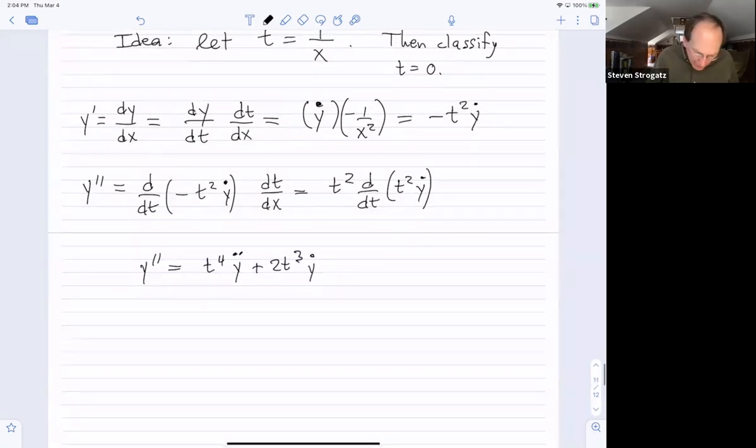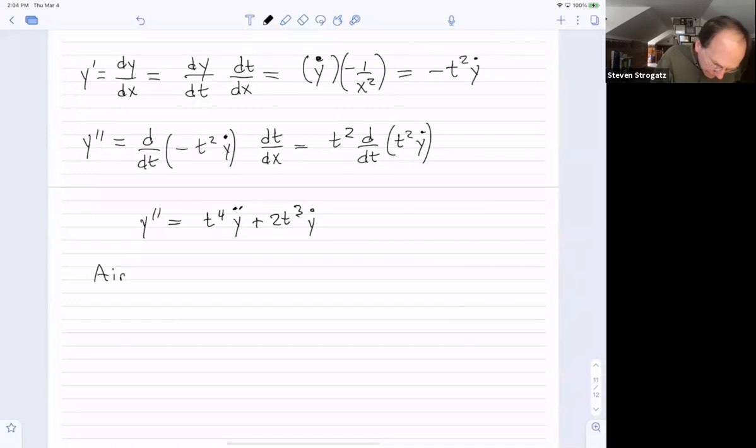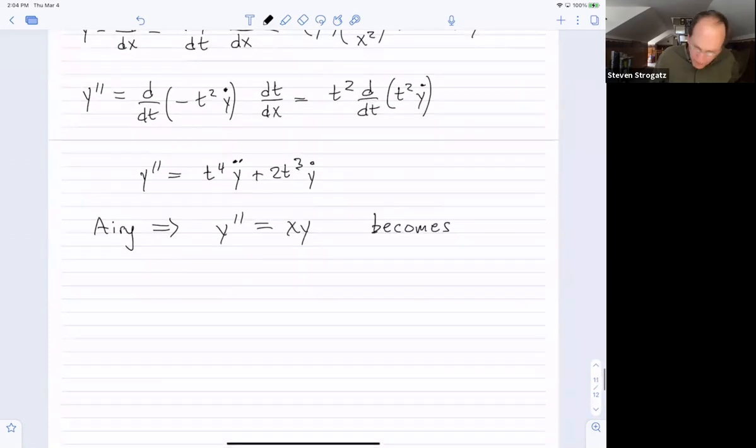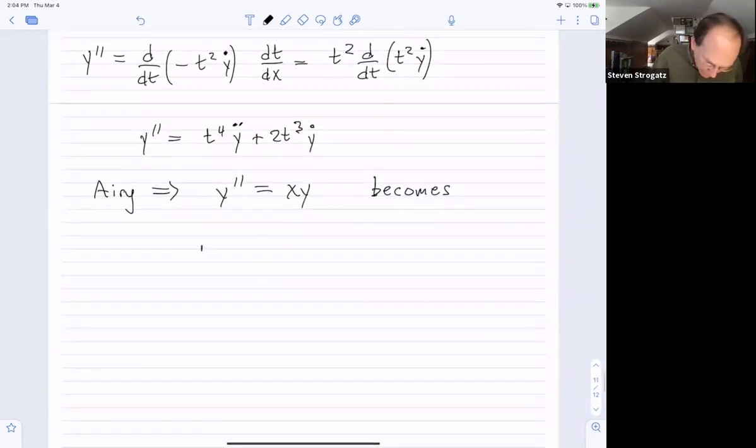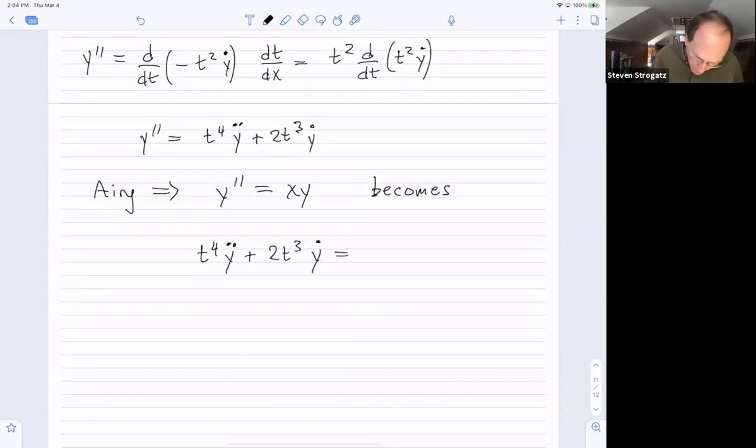Okay, so then substituting everything into Airy's equation, which was y double prime is xy, that becomes t to the fourth y double dot plus 2t cubed y dot is 1 over t times y, because this is xy, and this whole thing is y double prime.